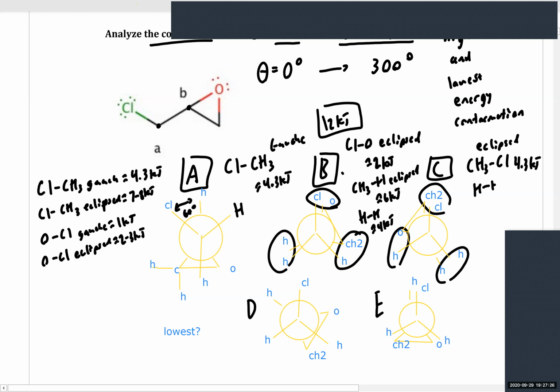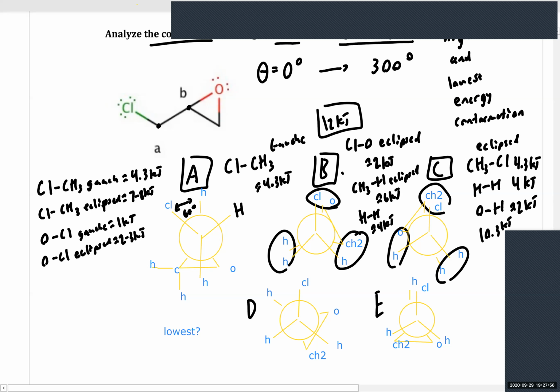We have an HH eclipsed, which is 4 kilojoules. We have an oxygen hydrogen eclipsed that we can estimate to be around 2 kilojoules. So this in turn gives us about 10.3 kilojoules.